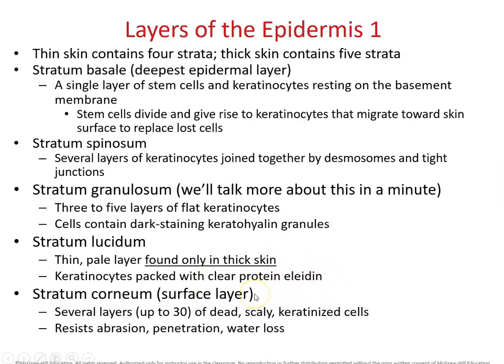And then closest to the surface, we have dead scaly keratinocyte cells. So the idea here is these are going to resist abrasion. If there is an abrasive force on the skin, it'll be these dead layers of skin cells that are affected, not the living healthy cells. These are also going to prevent water loss.